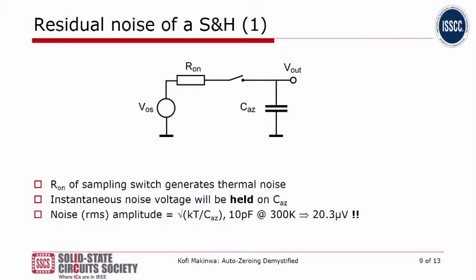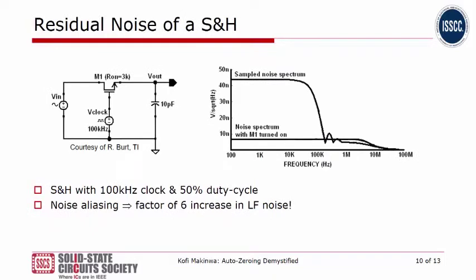So that's also quite significant. It gets worse, because actually this 20 microvolt level noise is held during the amplification phase. And that means that actually the process of sampling and holding noise actually exacerbates the noise energy.